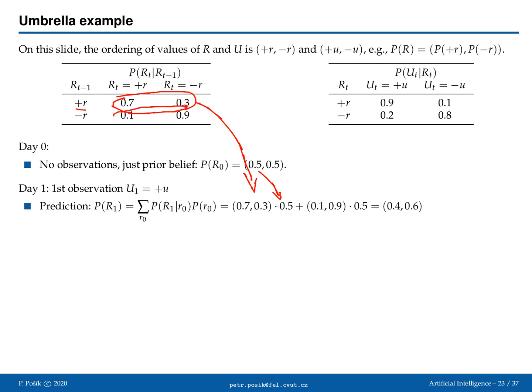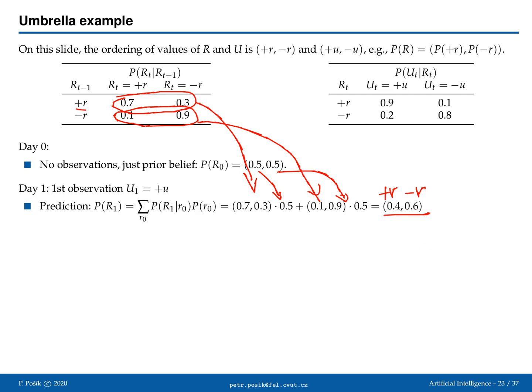And you take the other distribution times the other 0.5, and you will get your new estimate of 0.4 and 0.6. So if you had no information whether your boss brought an umbrella or not on day 1, your best guess would be that plus rain has the probability of 0.4 and minus rain would have the probability of 0.6.